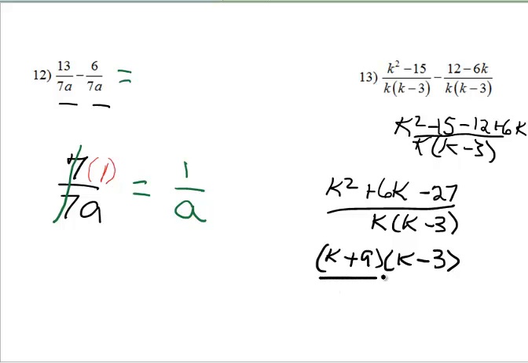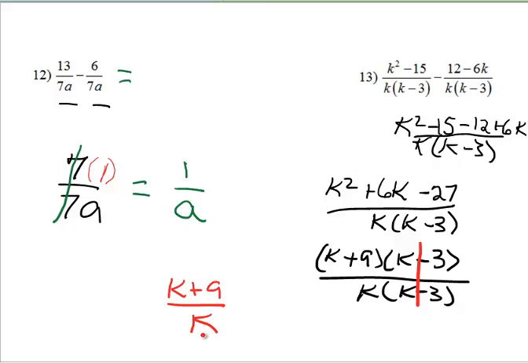Start to see something coming up, huh? That's K times K minus 3. These two cancel and make a 1. And that's going to leave me with my final answer, which is K plus 9 over K. And again, remember, I can't factor anything else out, because even though K fits into K, K doesn't fit into 9. So we're just going to leave it like that. Okay, so go ahead and stop and copy, and we'll move on to the next objective.